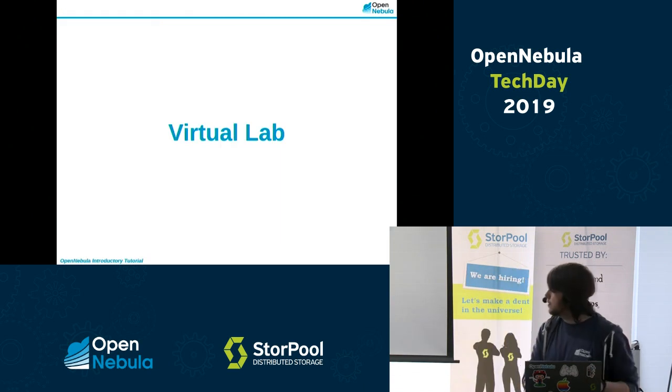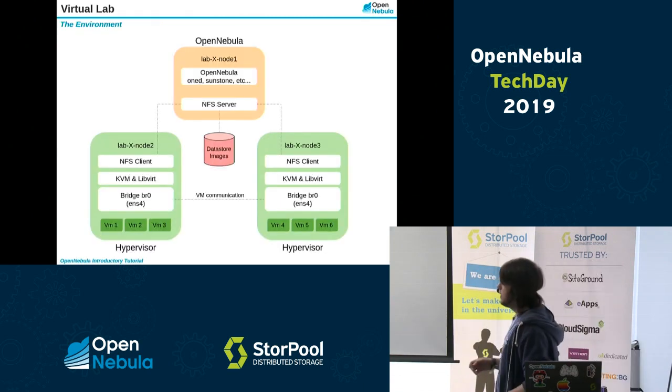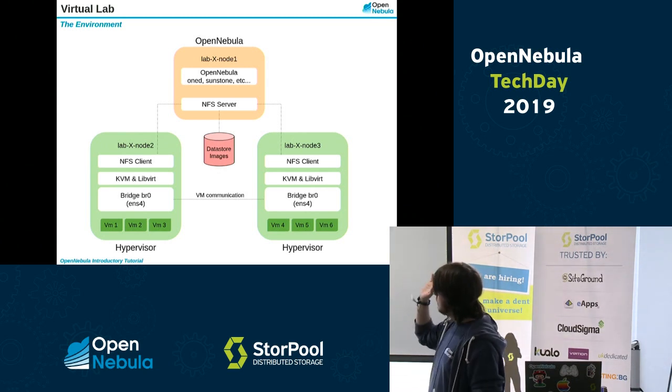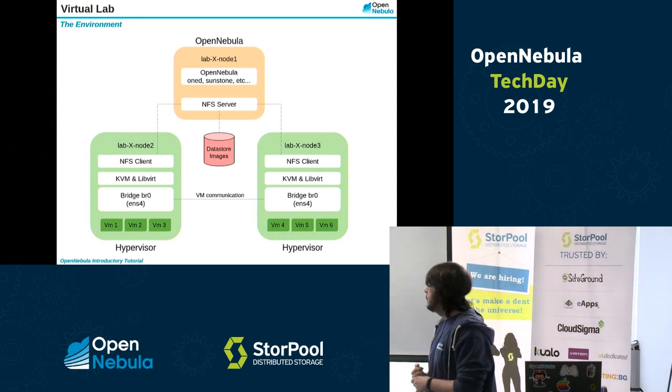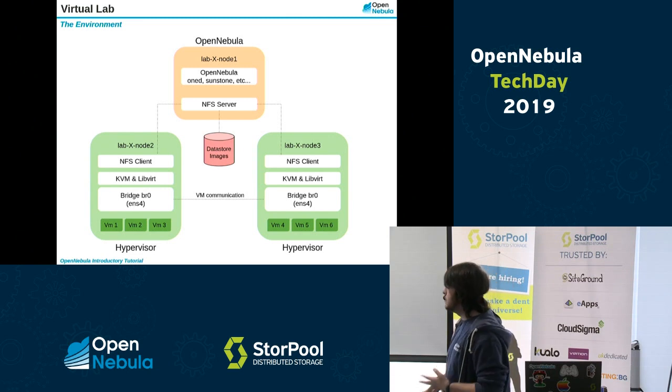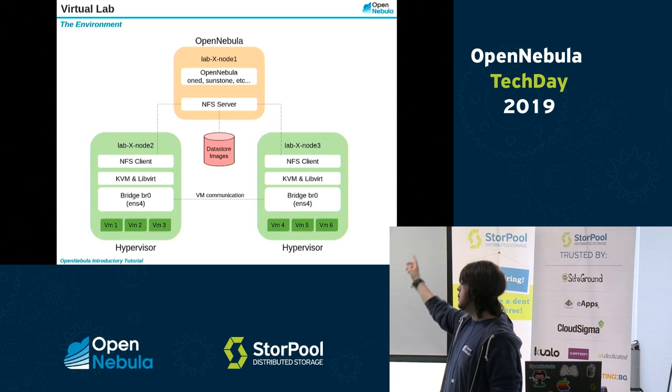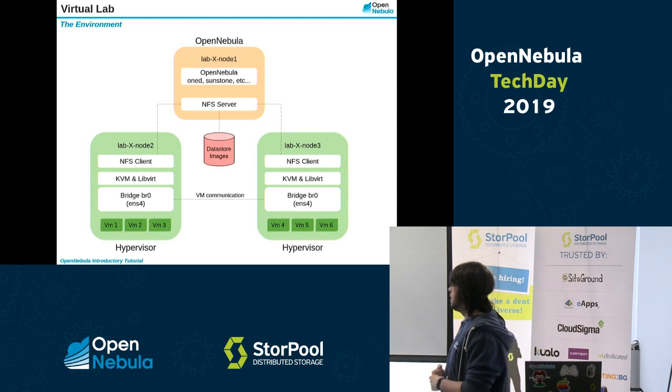Okay, so now we are going to see the virtual lab. In the virtual lab, we have the three nodes: the frontend, which is node 1, and the two hypervisors, which are node 2 and node 3. In the frontend, we have OpenNebula, Sunstone, etc. And there is an NFS server for the storage, which is shared between all three nodes.